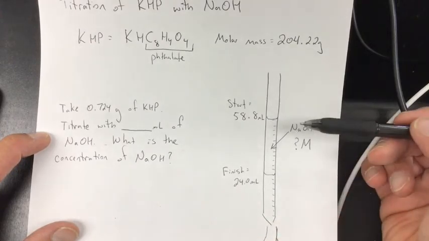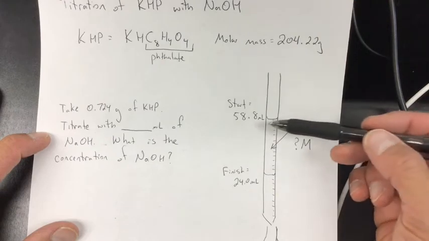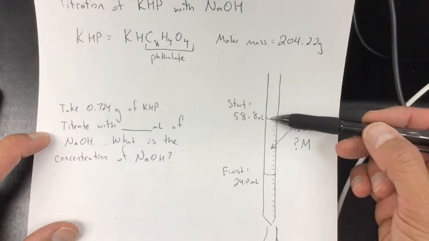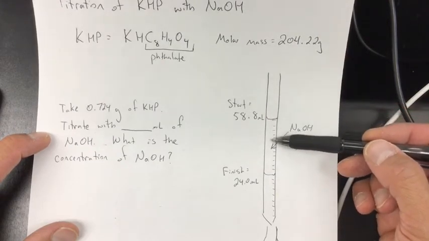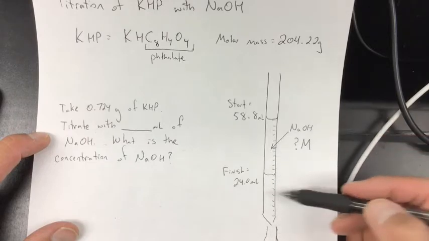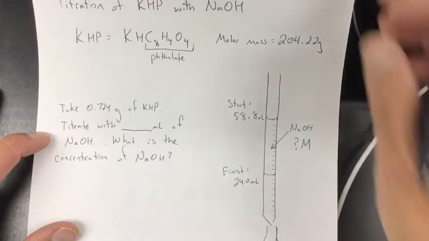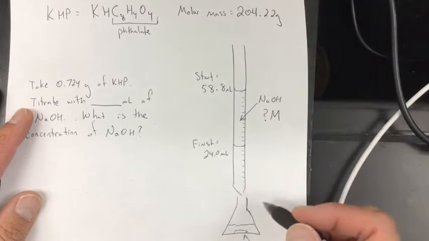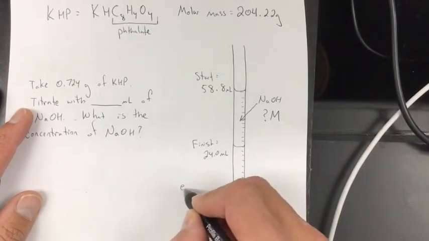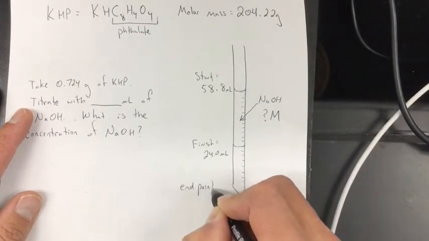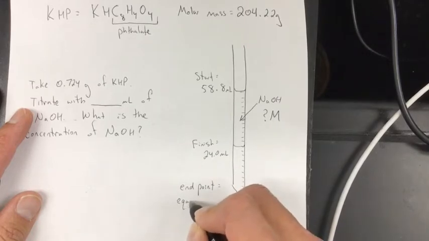Okay, so my data I have here is I started with 58.8 milliliters of NaOH. I drip this down, it goes in here until we reach something called the equivalence point. The end point is also called the equivalence point.